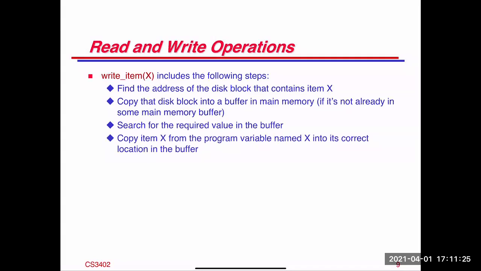And then we copy item X from the program variable named X into its correct location in the buffer. So the point is we need to have this buffer in between. We can't just copy the whole disk block into our program variable because we want our program variable to be small, right? We don't want each program variable to waste space by allocating the size of a disk block for that.